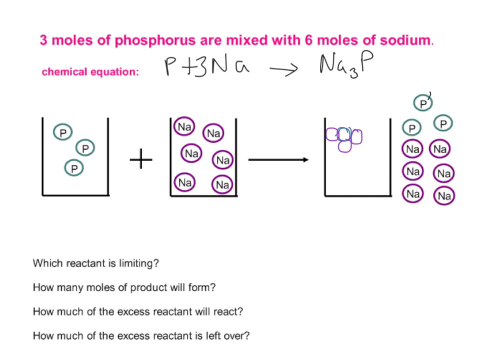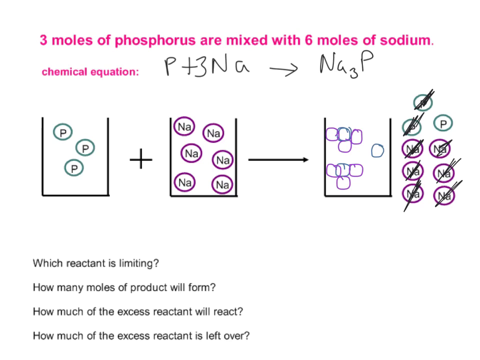So I used up a phosphorus and then 3 of the sodiums. We have enough to make another one, so here's a phosphorus, and then here's 1, 2, 3 sodiums. So I used another phosphorus and then 3 sodiums, and so it looks like I have 1 phosphorus left over here.